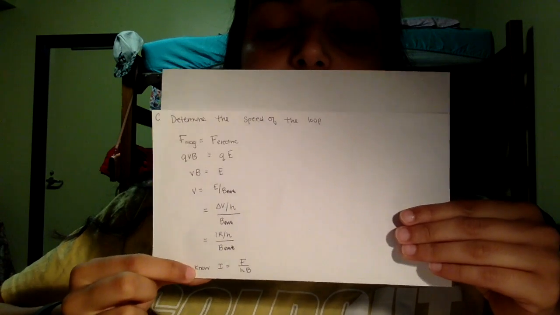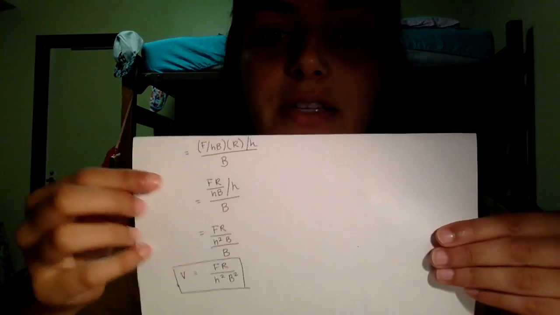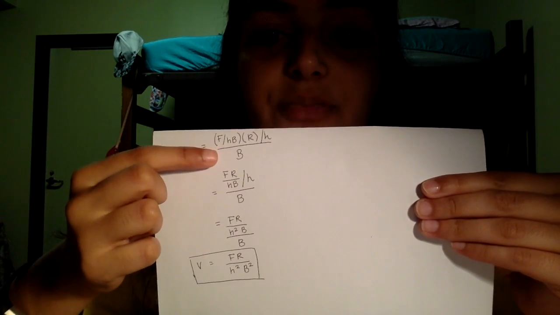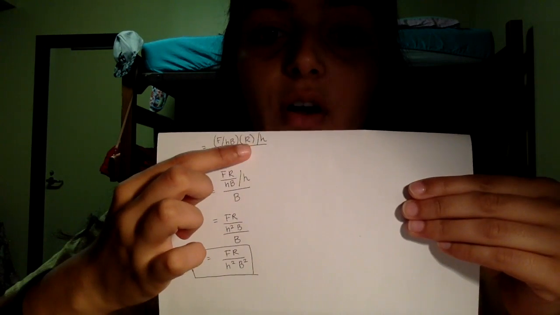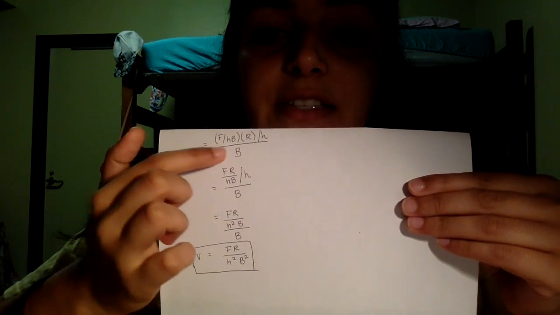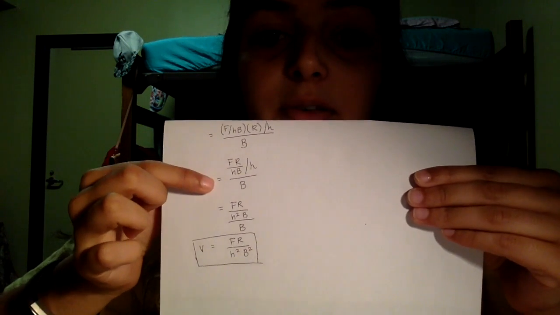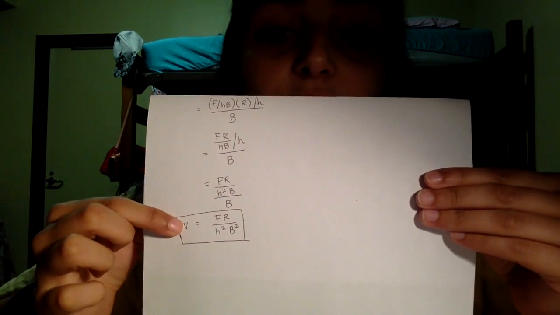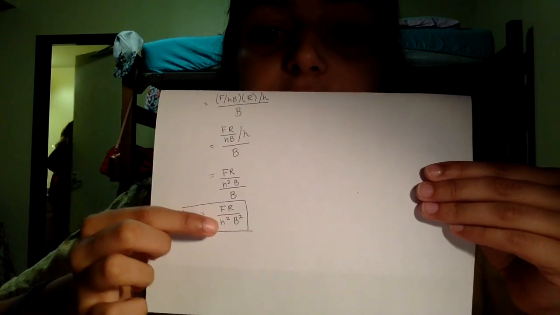In this case, I equals F over h times B. As we continue to manipulate this equation, we get F over hB times R over h, and this entire expression is over the magnetic field. Using algebra, we finally determine that the velocity equals F times R over h squared times B squared.